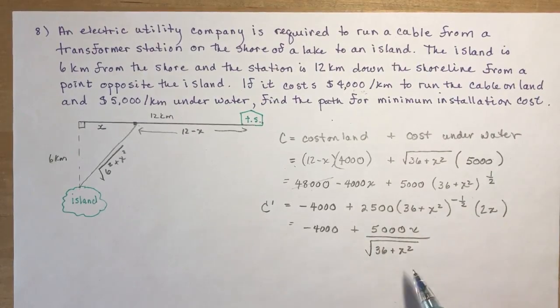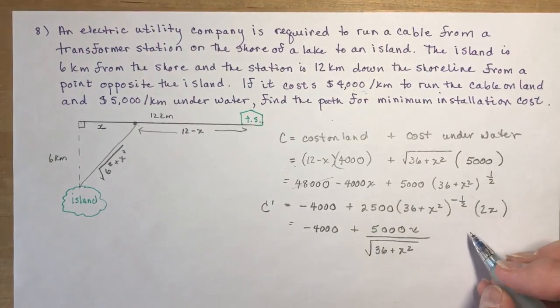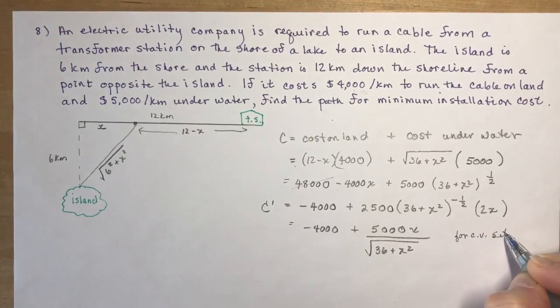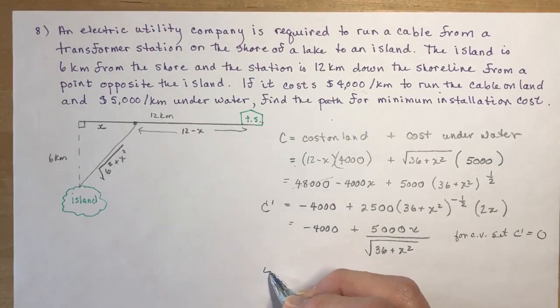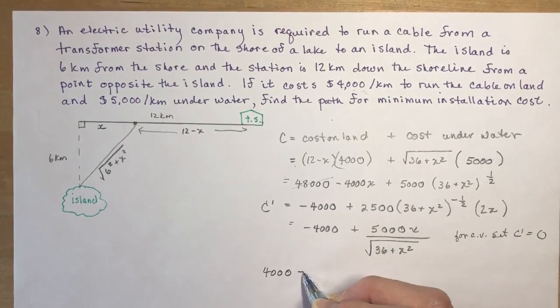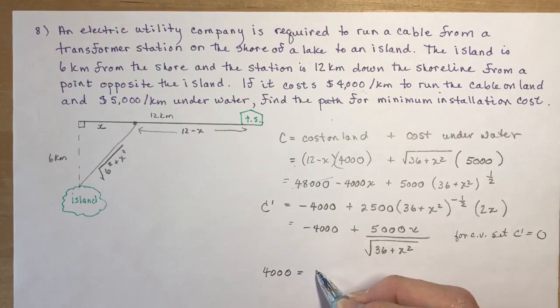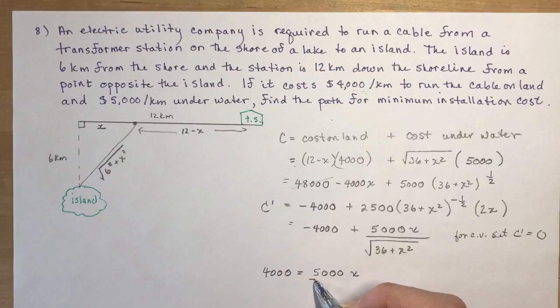Okay, so don't get all confused because you see all this kind of messy stuff. We're going to say for critical values, set C prime equal to 0. Remember, anytime you do something where you all of a sudden change an equation, you must explain. Math should be written out in a way so that anyone who is reading or looking at your work can understand why you did something.